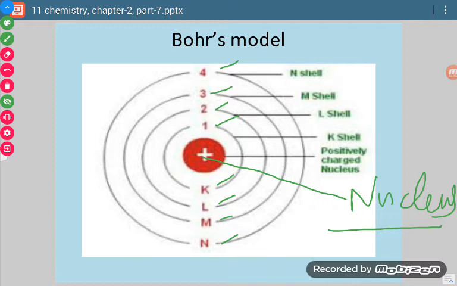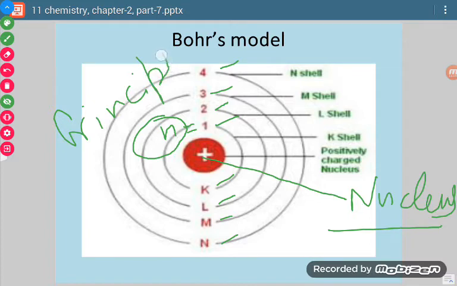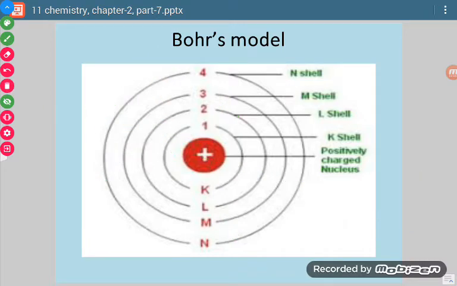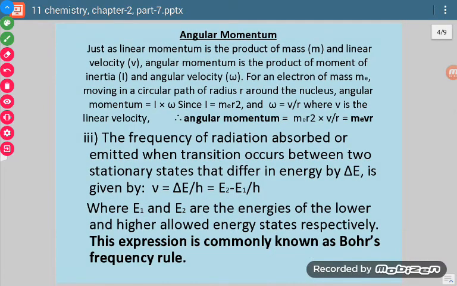The number 1, 2, 3, 4 is denoted by small n, which is called the principal quantum number. You will discuss this in the next topics.